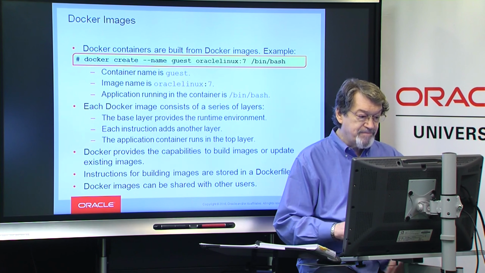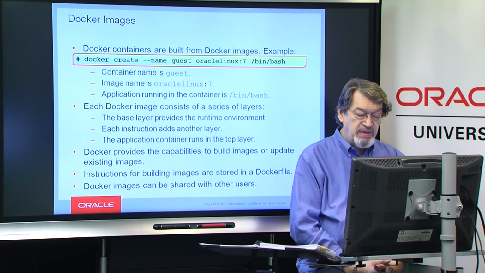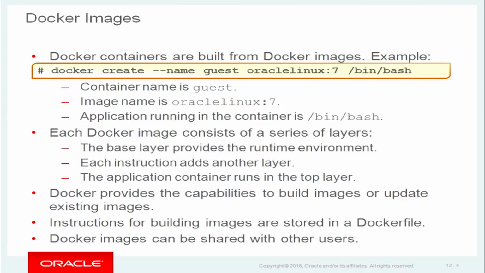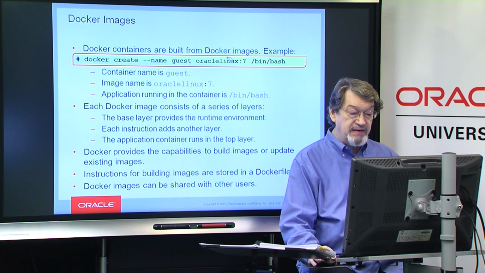So the containers are built from images. And so in this line here, that's the Docker image. And so that's the image, all right? And so what we're going to create is something called guest, all right?